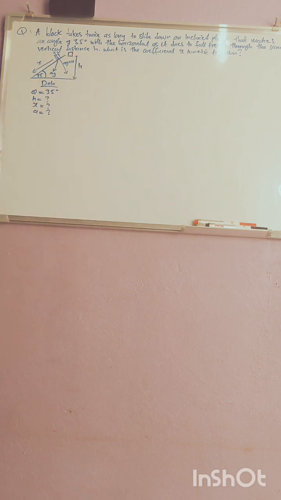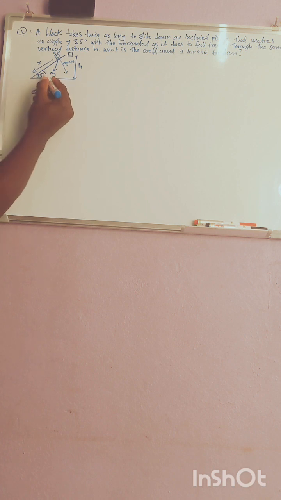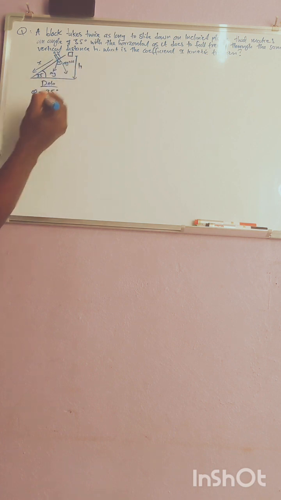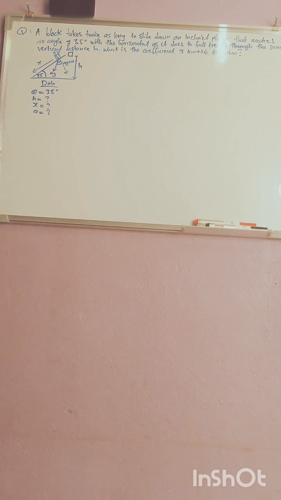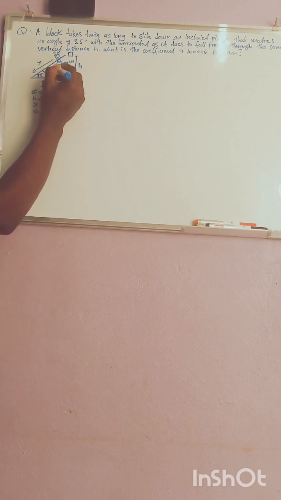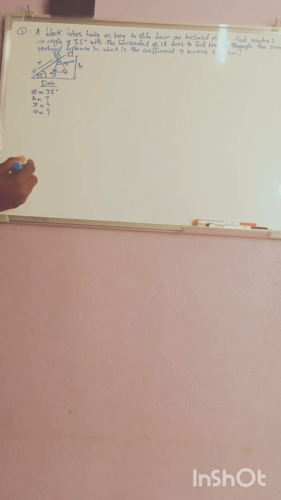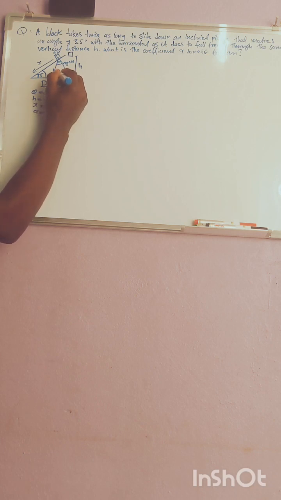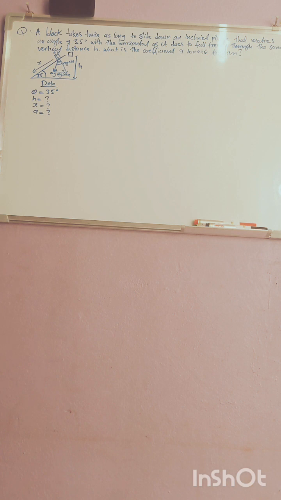We are applying SOHCAHTOA, where we know that the angle here is the same as the angle here, so this angle here is 35 as well. If this angle is 35, we have a right angle triangle here. This is the adjacent, and this is the hypotenuse, so we use cos. Then here mg sine theta, this is the x component of the weight.